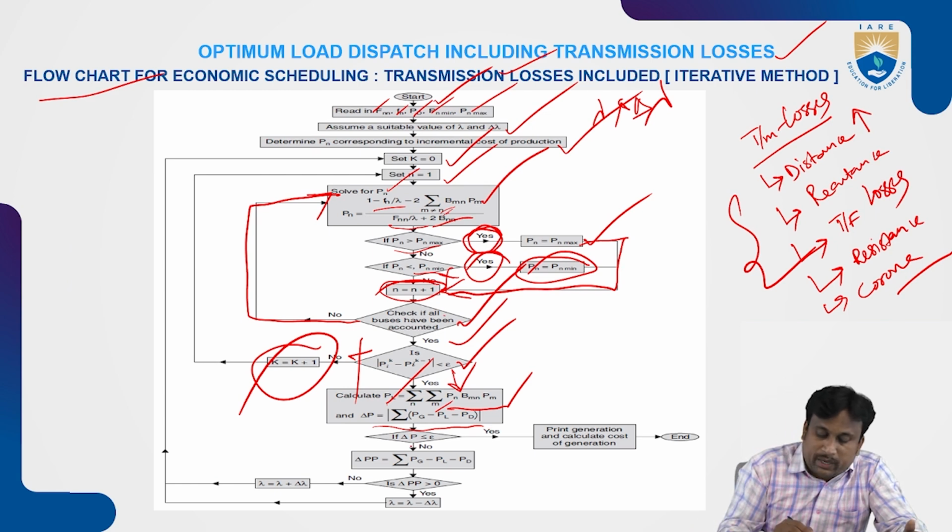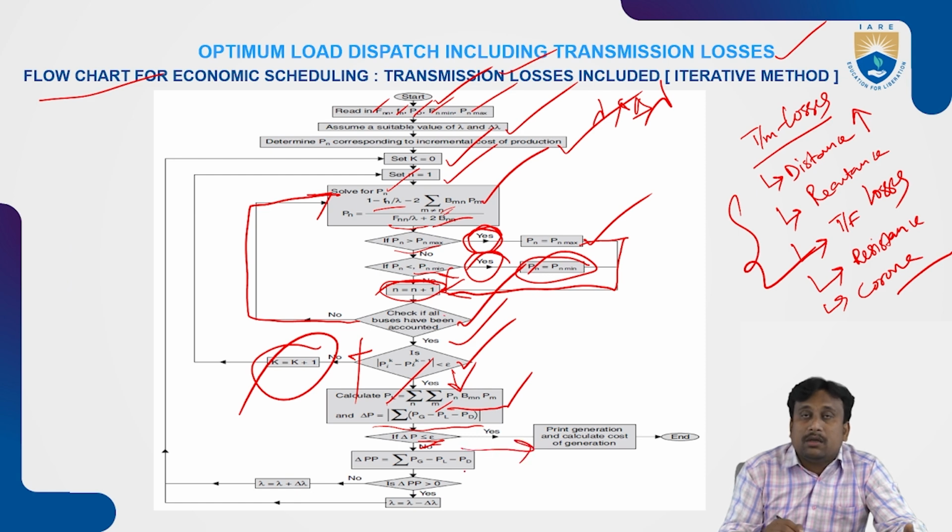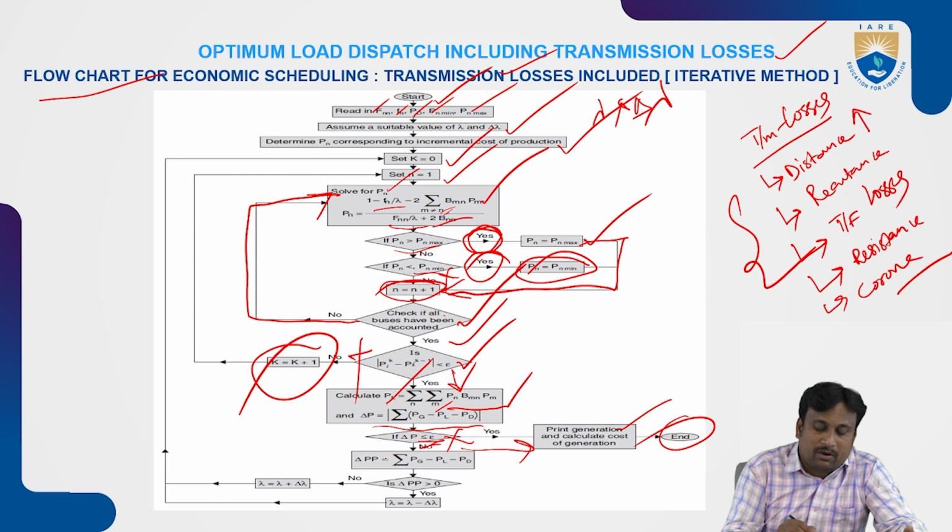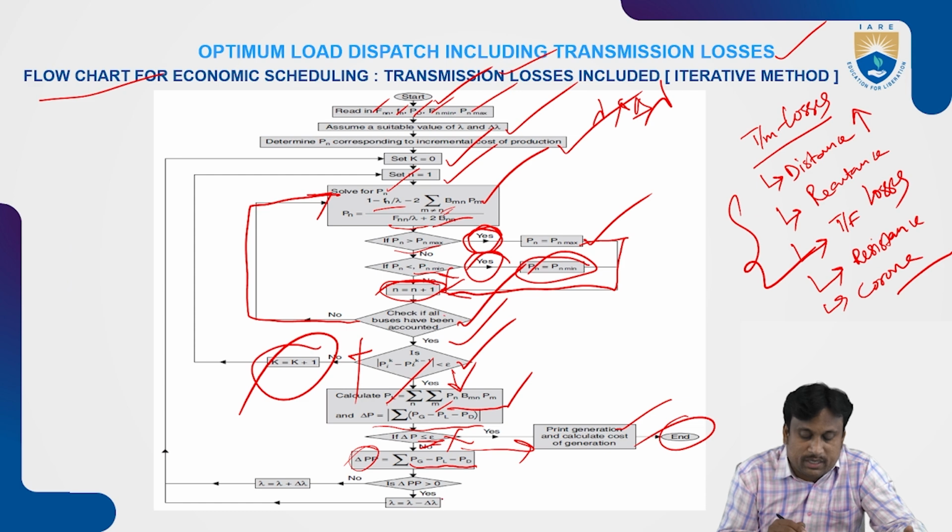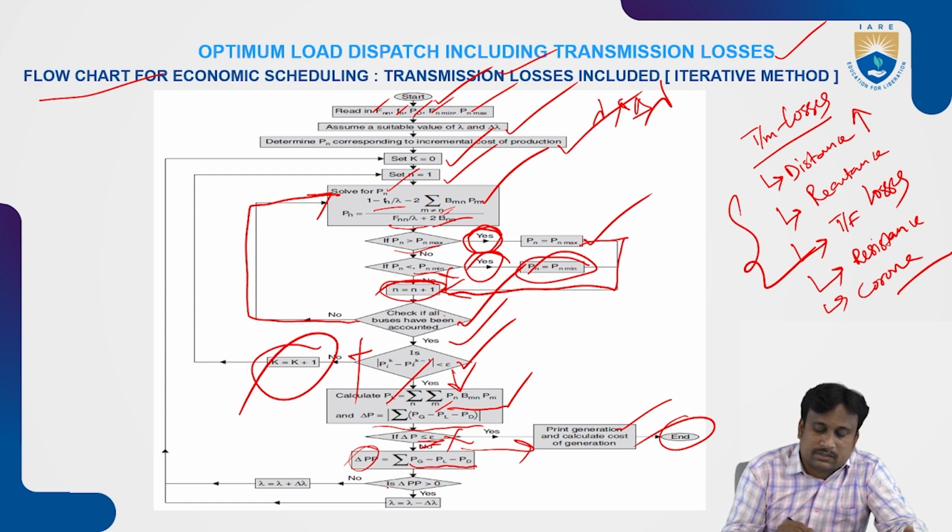So if delta P is less than or equal to epsilon, that means this is accepted, so print the generation and calculate cost of generation. If it is not possible, then we have to go for delta P calculation. So here summation Pg minus PL minus PD will take place. If delta P is greater than 0, then lambda is lambda minus delta lambda.